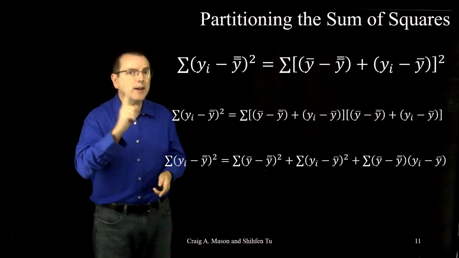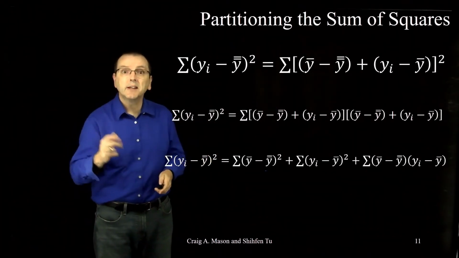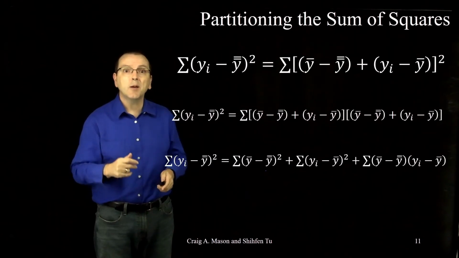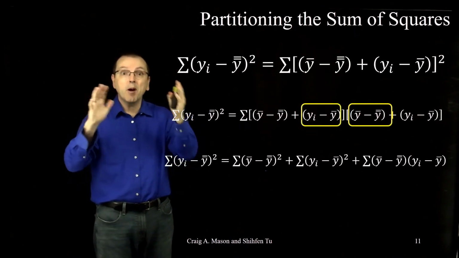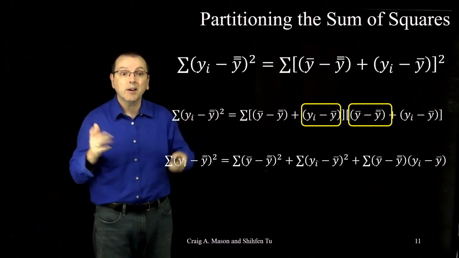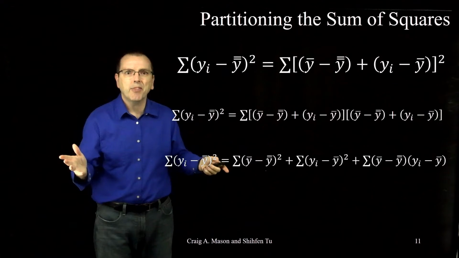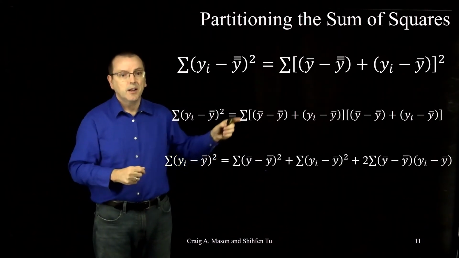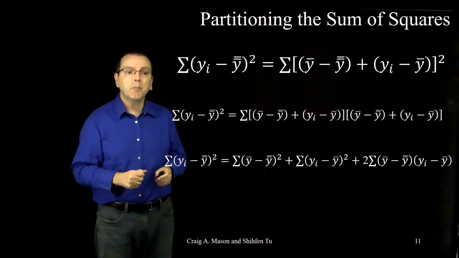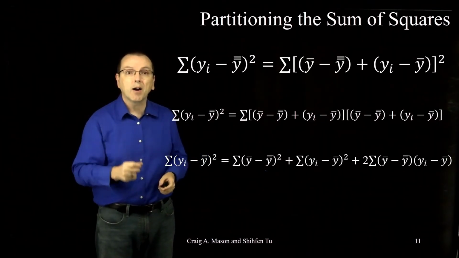But remember, back to squaring binomials, we do this last one twice because we also have the sum of y sub i minus y bar times y bar minus y double bar, which is mathematically the same thing. So we have 2 times y bar minus y double bar times y sub i minus y bar.